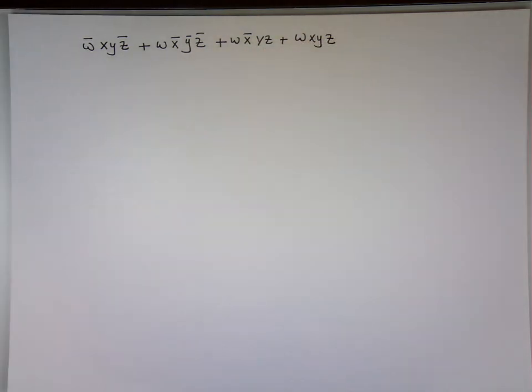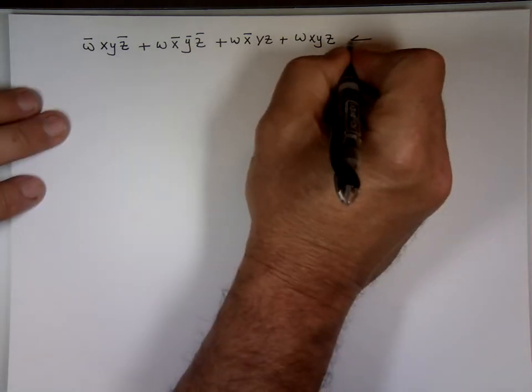In the question here, we need to build this, but can you simplify this?